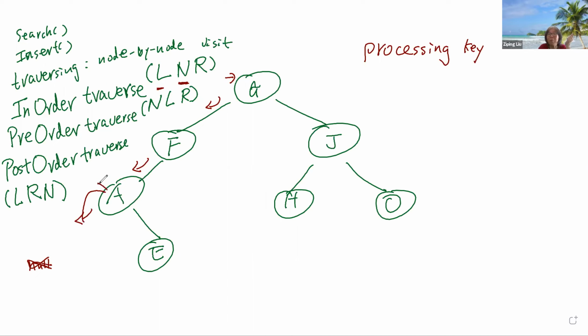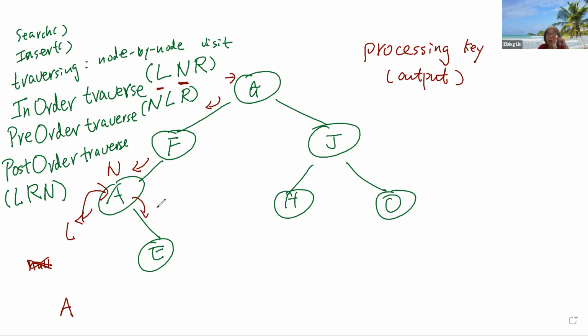Then I go back to the node. Suppose the processing is to output. The left has nothing to output, it's empty. Then I go back to the node. The node is A, so I output A.